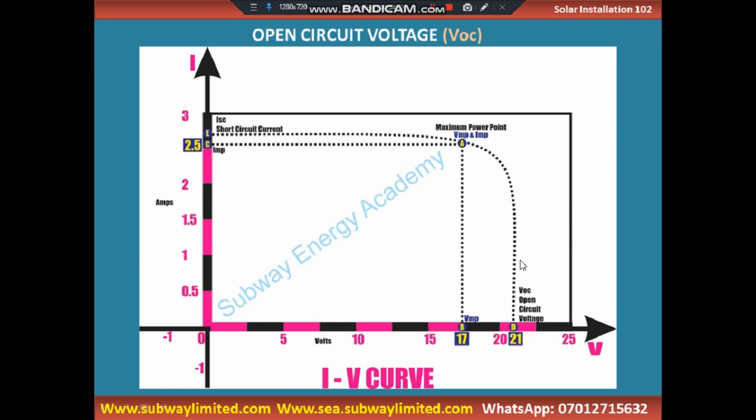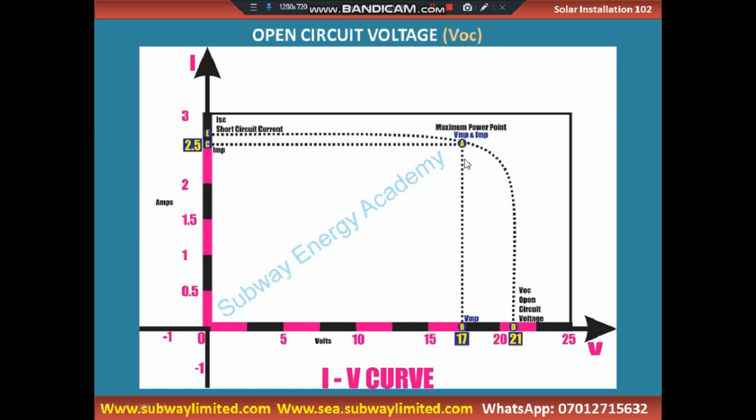I try to use simple words to put across my point. So the potential difference across the positive and negative terminal of the solar panel, when it is not connected to any load, will certainly give you the open circuit voltage of the solar panel.